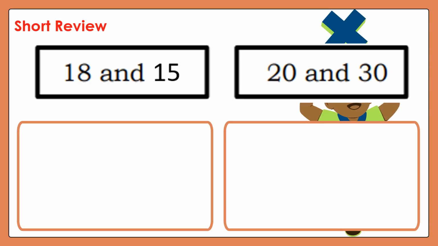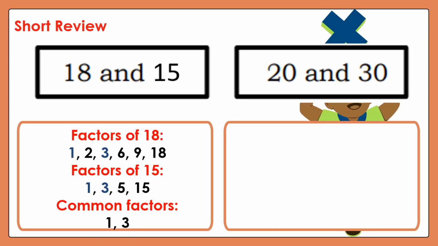18 and 15. Factors of 18: 1, 2, 3, 6, 9, and 18. Factors of 15: 1, 3, 5, 15. Their common factors: 1 and 3. 20 and 30.